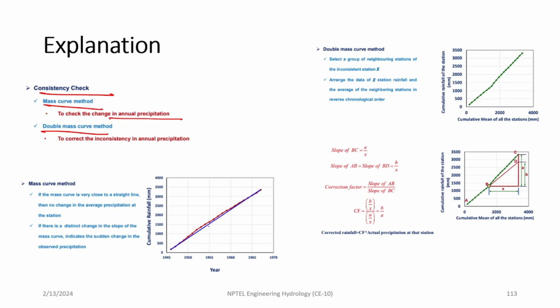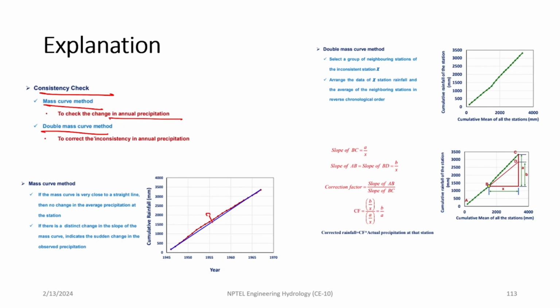If we have accurate data, then definitely it will go along a straight line, and there will be no change in the precipitation, we are assuming. But if the data deviates from the straight line, then we count it as maybe an error in the observed data, or maybe some kind of sudden change has occurred, and we need to figure out the cause of that.